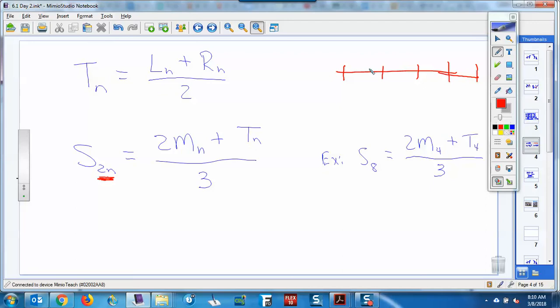Four subdivisions for your trapezoid will use those there, but then the midpoints will be those. Now all of a sudden you've got 8 subdivisions when you do your Simpson. So the four trapezoid subdivisions, and then when you throw in the midpoints with it as well, all of a sudden you've doubled the number of subdivisions you have, and so that's why it ends up being that way in that formula.